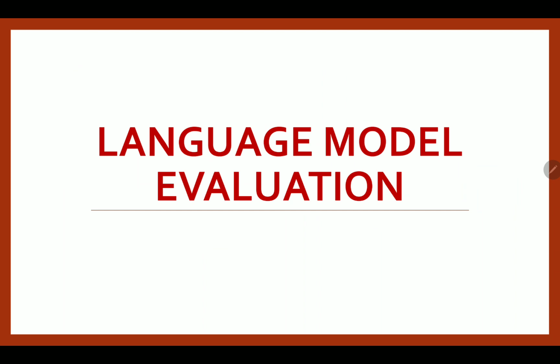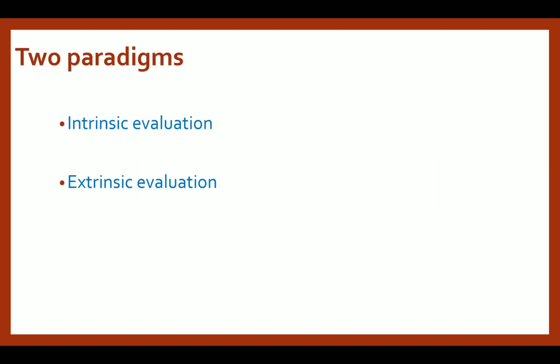So now let's look into how we are going to evaluate these models. There are two different ways. The first one is intrinsic evaluation, and the second one is extrinsic evaluation.